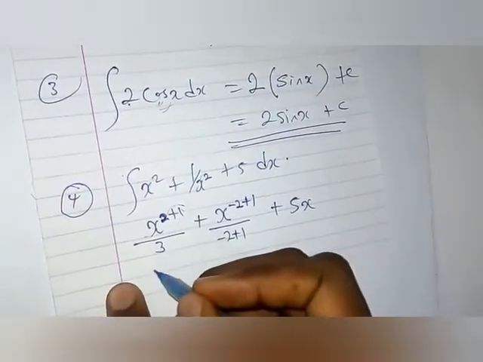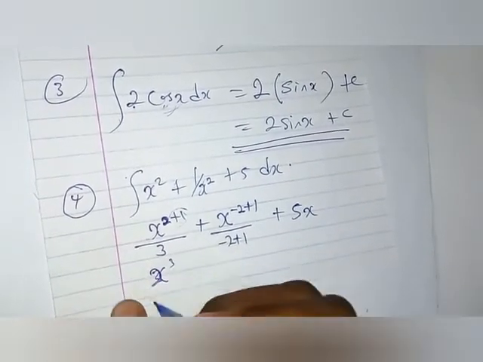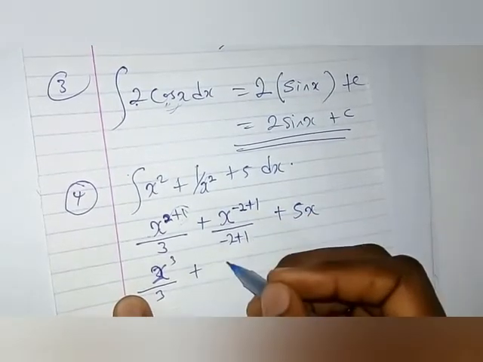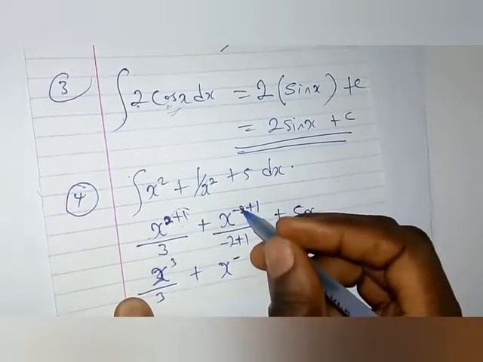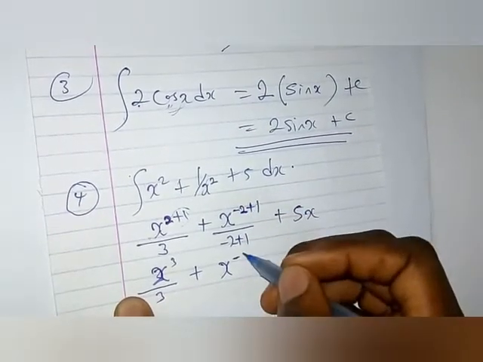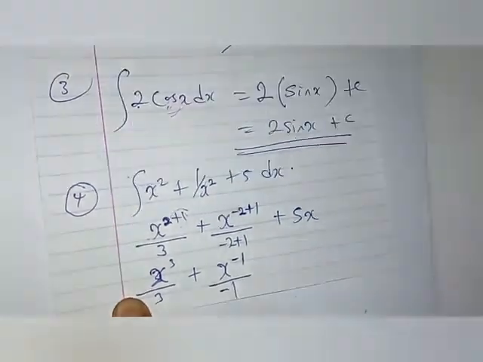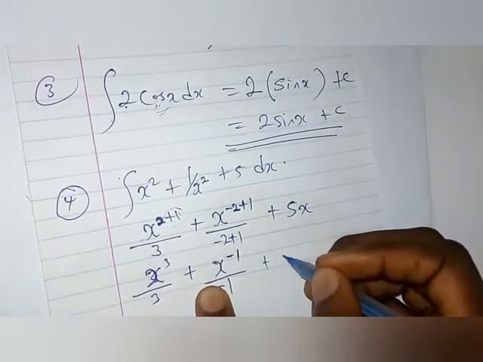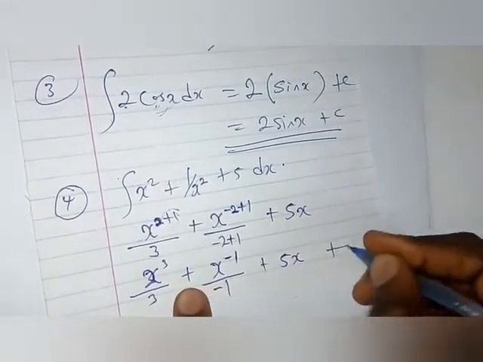So here we are having x raised to the power of 3 all over 3 plus x raised to the power of minus 2 plus 1 over minus 1. So all over minus 1 again. So this is plus 5x, plus your c.